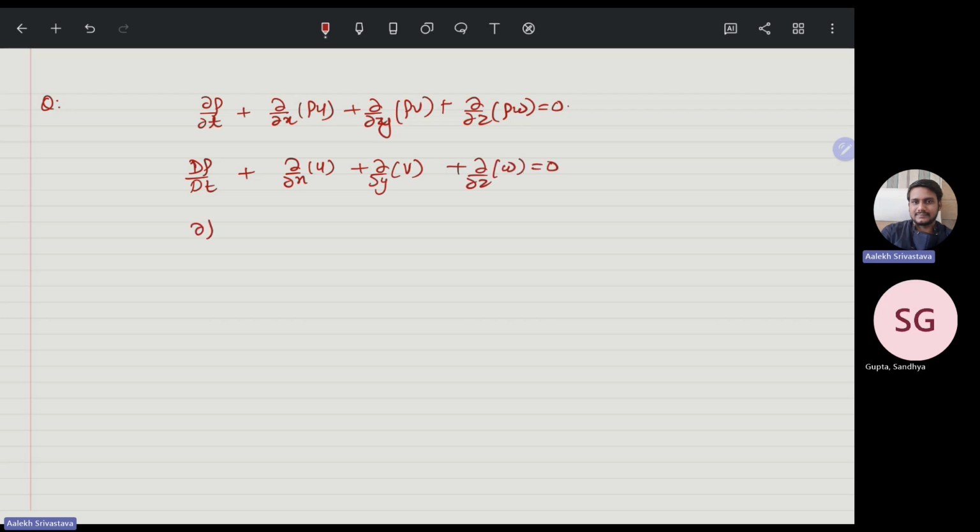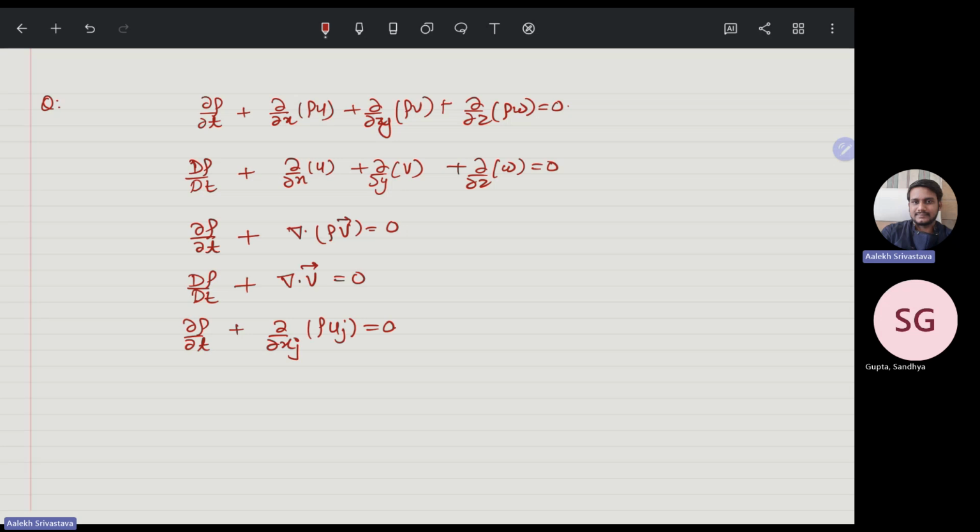The third form is del rho by del t plus divergence of rho v is equal to 0. So this is a vector form. Again, this can be represented in this way: divergence of v is equal to 0. The third form, called the indicial form, is del rho by del t plus del by del x j of rho u j equal to 0.